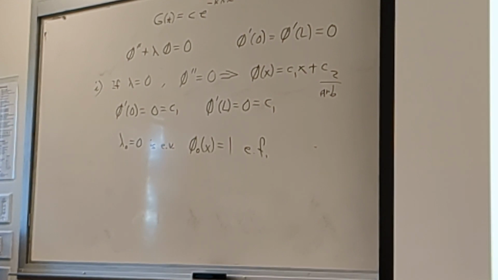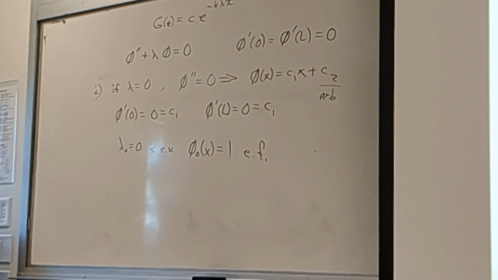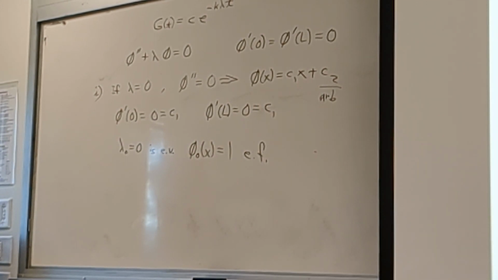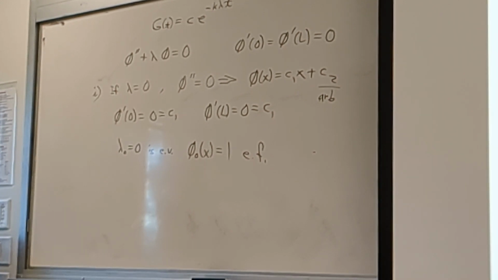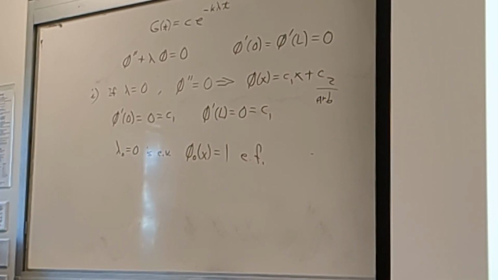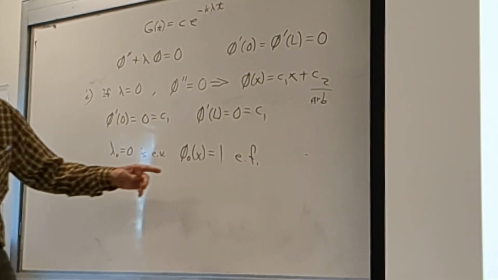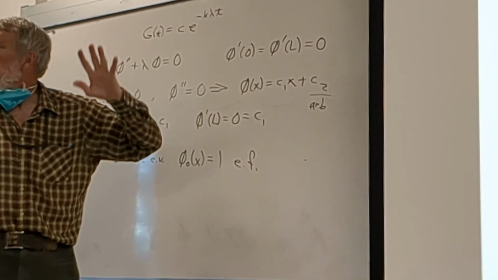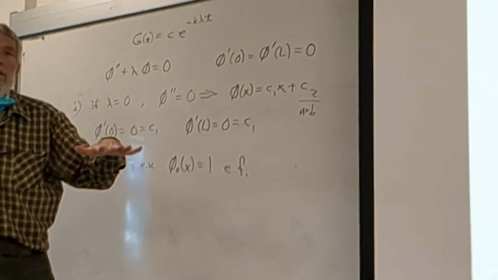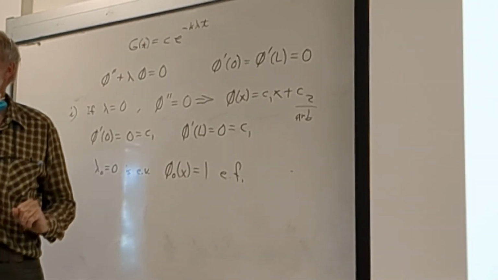Everybody agrees that 1 is a non-trivial solution to this particular boundary value problem. There's actually infinitely many because C2 is arbitrary. Any constant is a solution to this one.